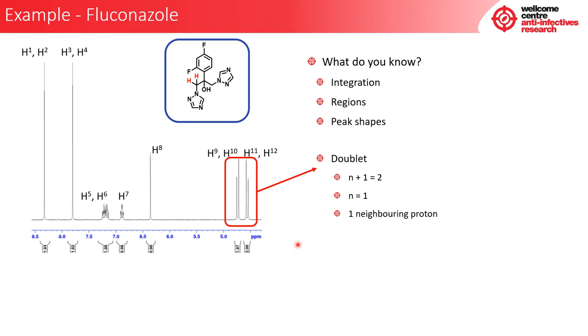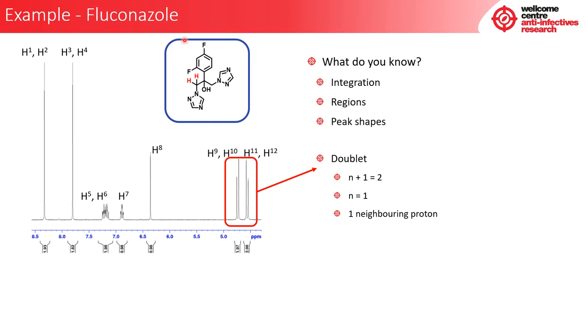Now we want to take everything into consideration, everything that we already know. Integration, for instance. We know that each one of these peaks equates to 2 protons, but each one of these peaks has 1 neighbour. What region does it fall in the NMR? It falls in either something that is attached onto an electronegative element or something that is itself electronegative. So, what does this equate to in fluconazole?